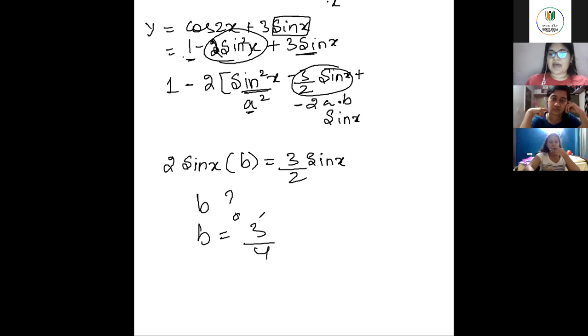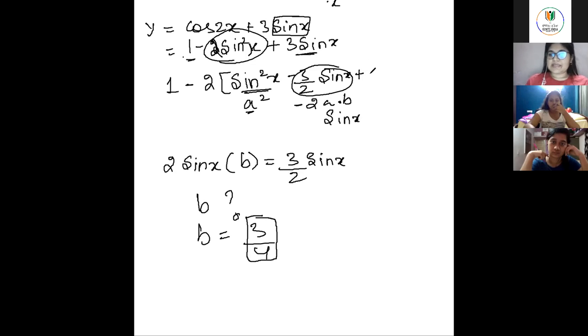I can add a whole square of b and I can subtract a square of b, so that would not affect the question. So what I can do is I can add 9 by 16 here, 4 4s are 16, and subtract 9 by 16 here. So that would not cause any harm to the question.